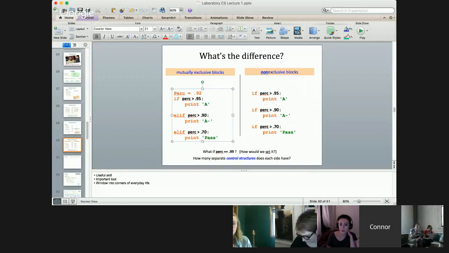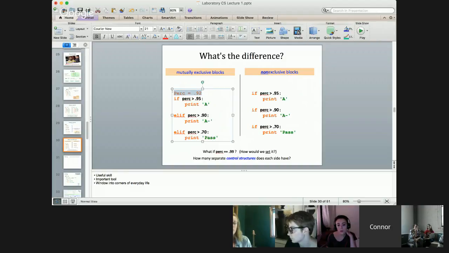What do we get in this left-hand block? A minus. Yep. We check this. It's not greater than 95. Okay, else, well, it is greater than 90. And then we print this, and then we're done.